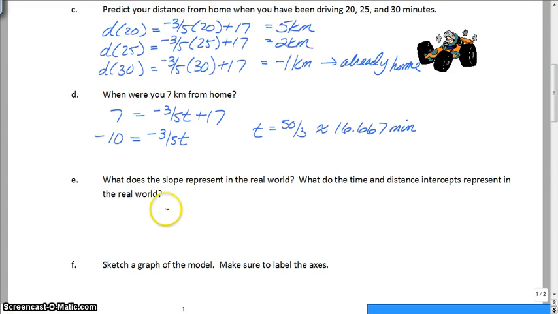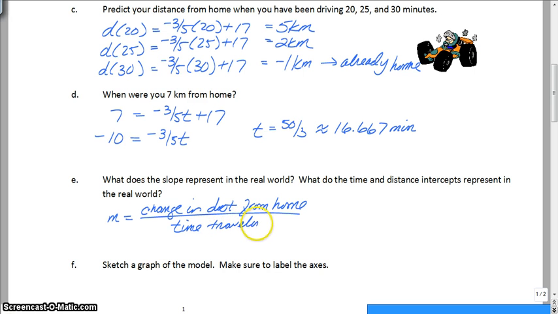So your slope is the change in distance from home over the time you're traveling. The slope represents the change in distance from home over the time you are traveling, how much closer you're getting to home.